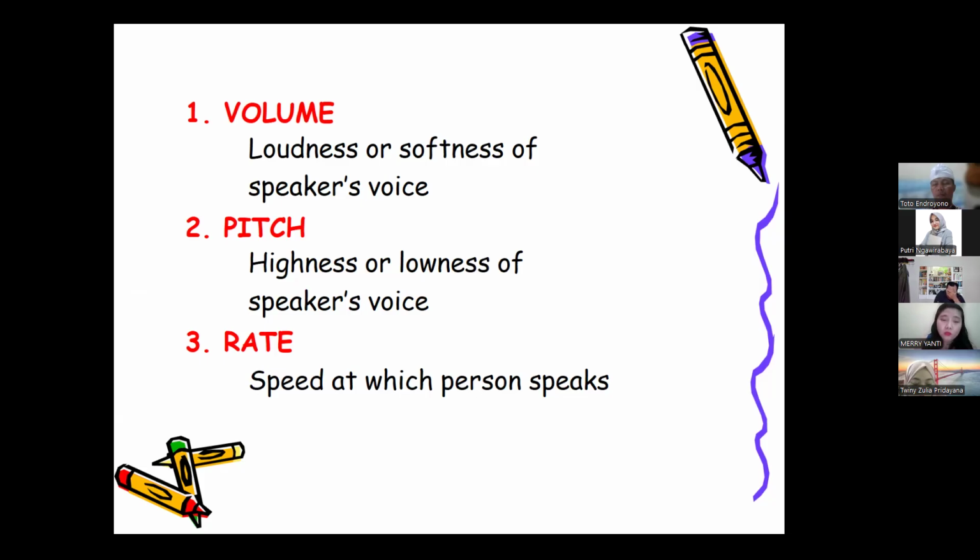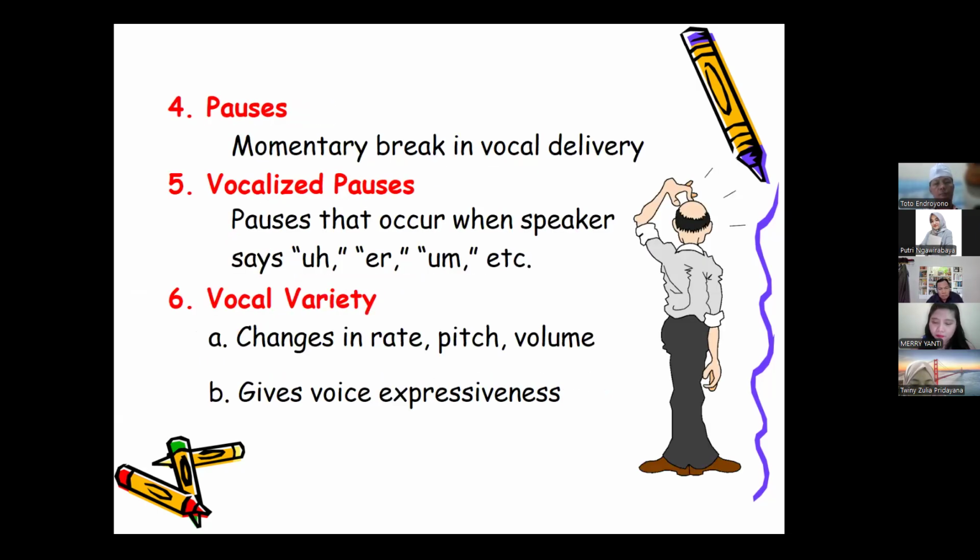But the second one, when you're not feeling nervous, but calm, the way you talk, your voice must be steady. It's not too fast, and it's not too slow either. So, next slide.